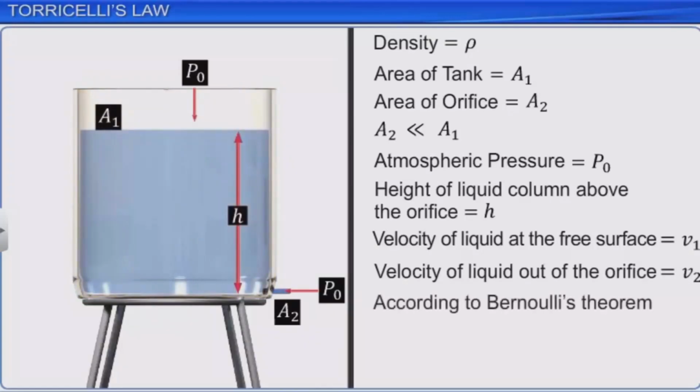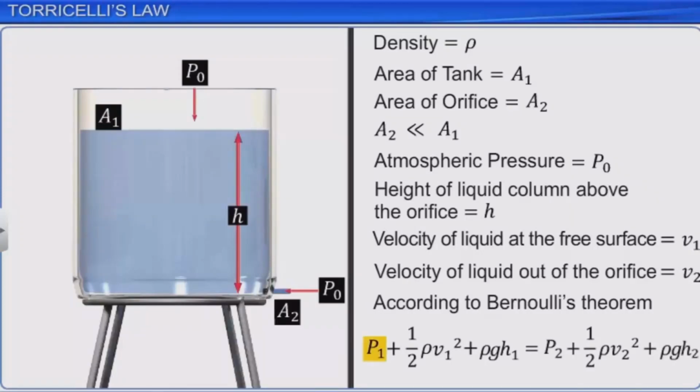According to Bernoulli's theorem, P1 plus half ρV1 square plus ρGH1 is equal to P2 plus half ρV2 square plus ρGH2, where P1, V1 and H1 are the pressure, velocity and height of the liquid at position 1, and P2, V2 and H2 are the pressure, velocity and height of the liquid at position 2 respectively.